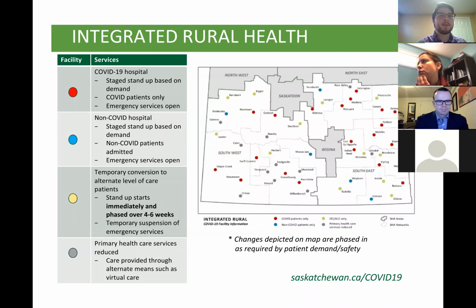I'd just ask maybe, Patrina, if you could share some thoughts on what the SHA is doing to avoid any issues. Krista, Patrina, and Evan, how is the SHA going to mitigate the risks in shutting down EMS services or emergency services in these communities?